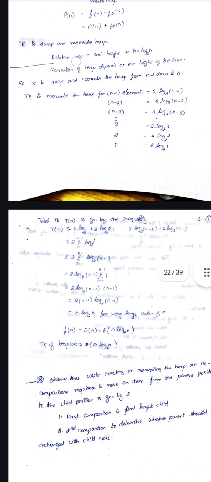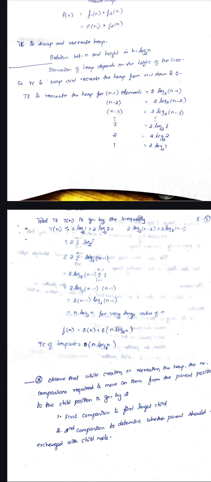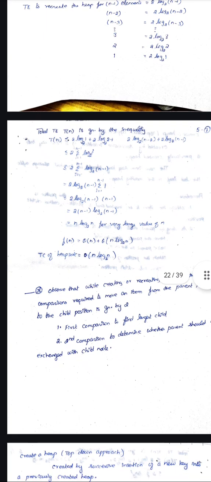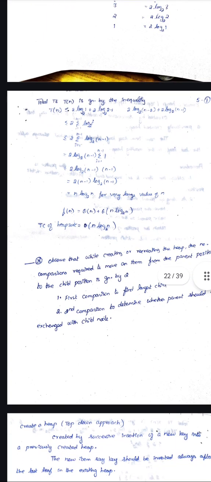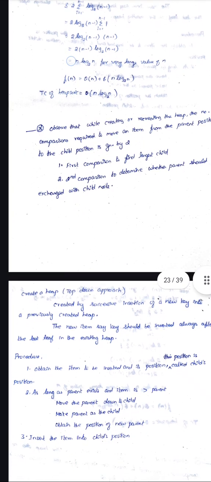This recreates the heap for n minus 1 elements, log of n minus 1 to the base 2. And then the total T of n is given by the inequality T of n less than or equal to 2 log of this, theta of n plus theta of n log n to the base 2.